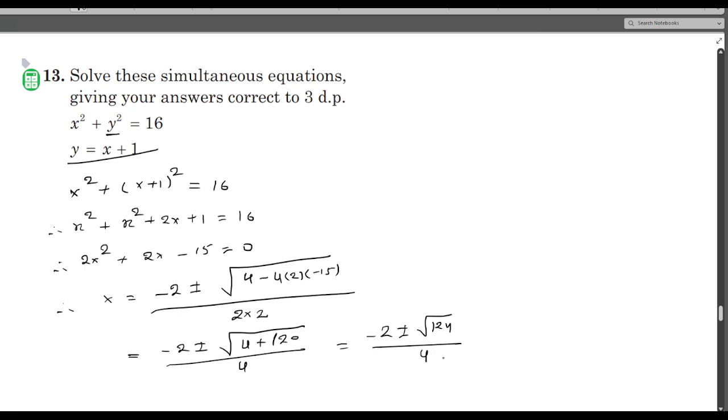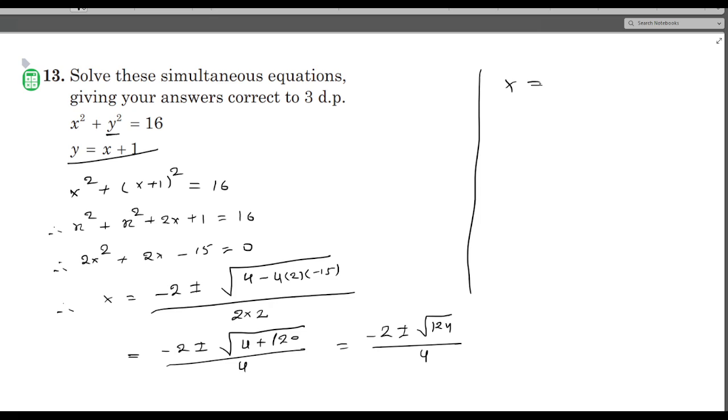Okay, so the value of x is minus 2 plus root of 124, whole divided by 4. So that is 2.284. This is up to 3 decimal places.